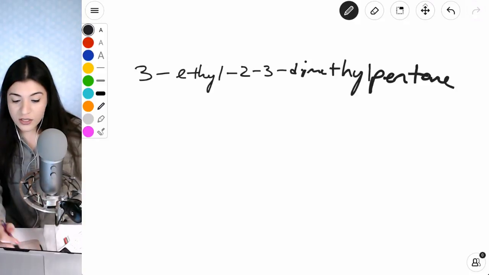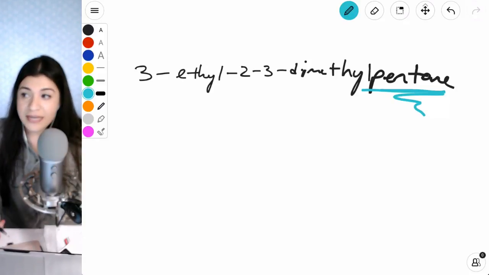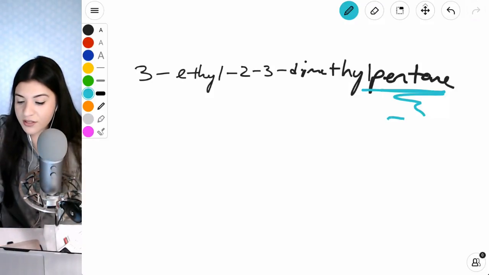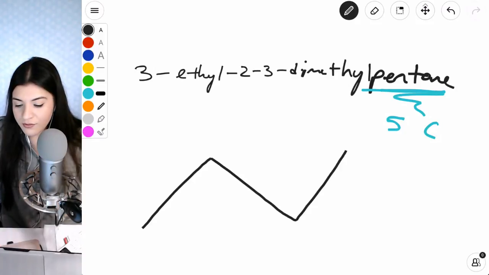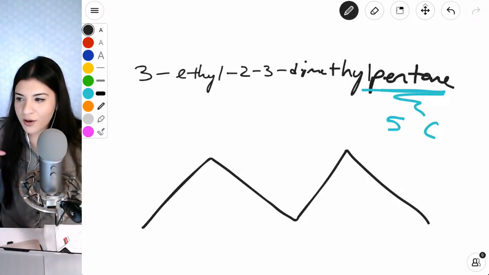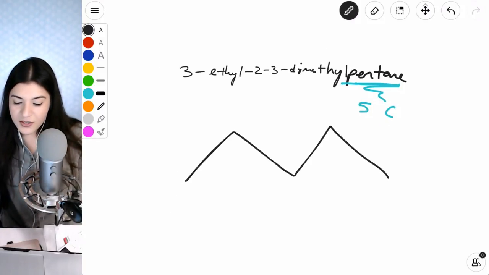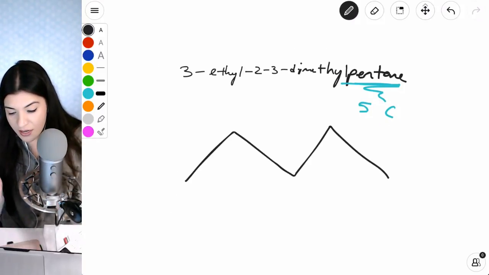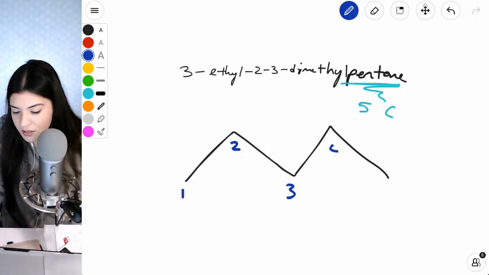So what I'm going to do first is draw the entire amount of carbons that we have. Pent means 5, so there are 5 carbons. Doing that trick again, there's 1, 2, 3, and 4. I think 4, and I actually draw out 5. Now that's correct, there's 5 different carbons. I'm going to number this all out.